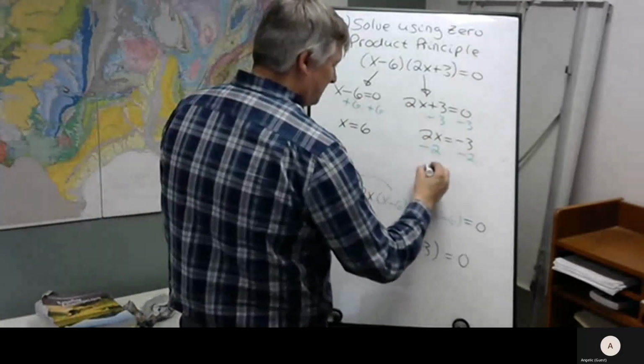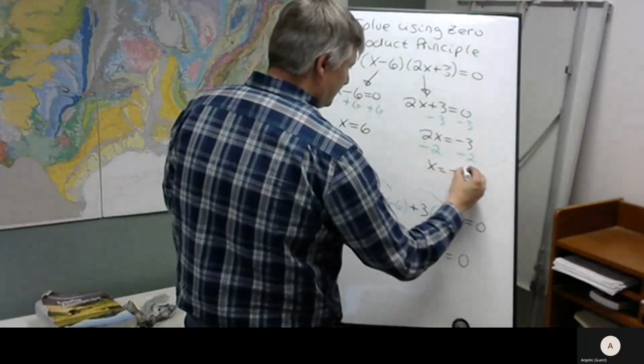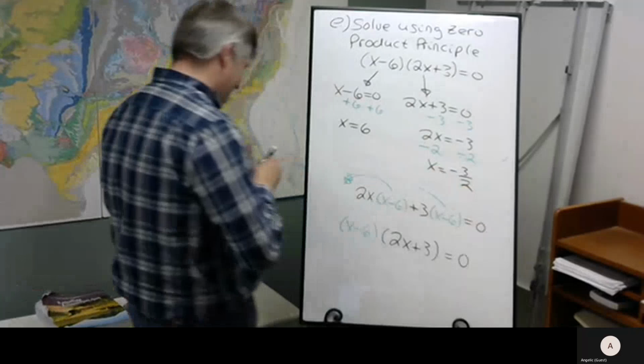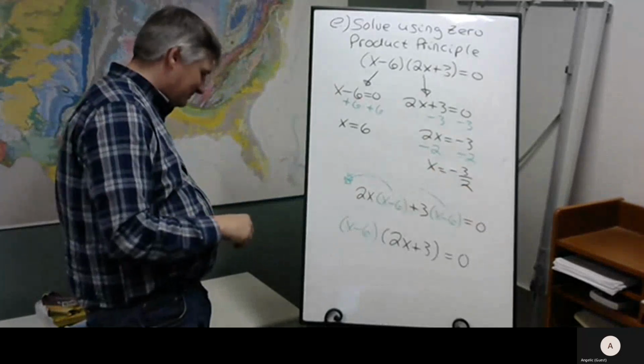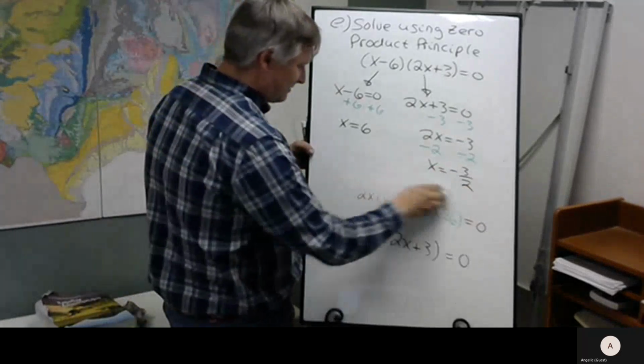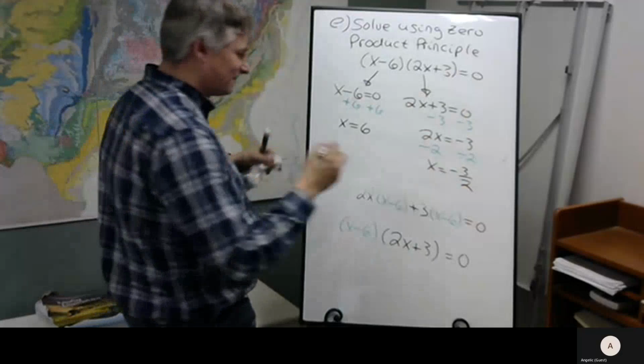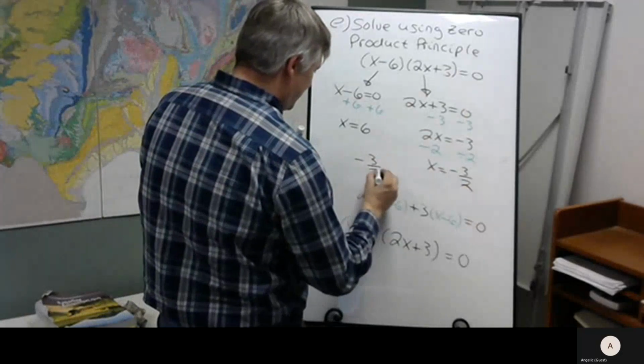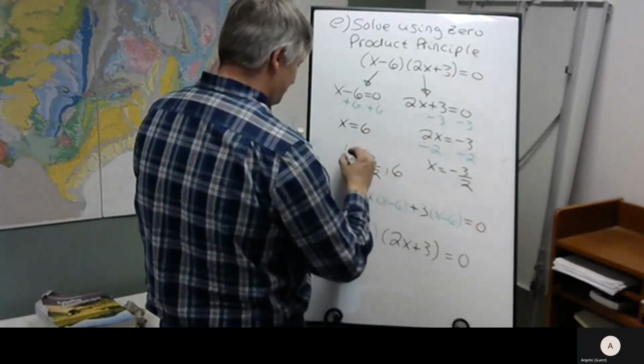And we'll just leave it as a fraction, -3/2. So for our answer, -3/2 and 6.